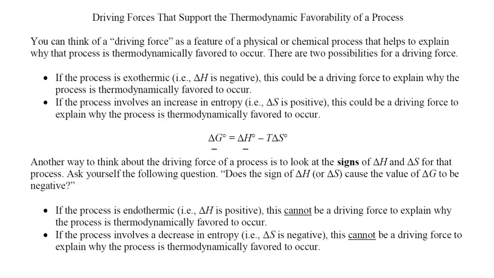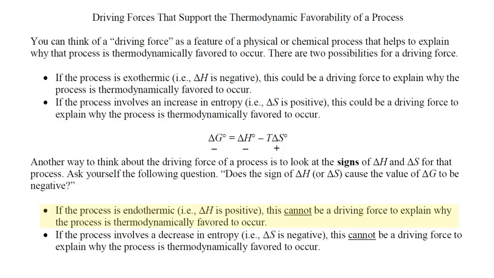So a negative delta H or a positive delta S, that would support mathematically the value of delta G would be negative. So a negative delta H could be a driving force. A positive delta S could also be a driving force.